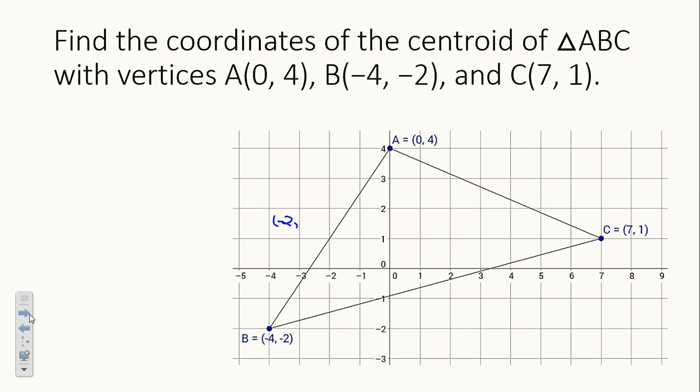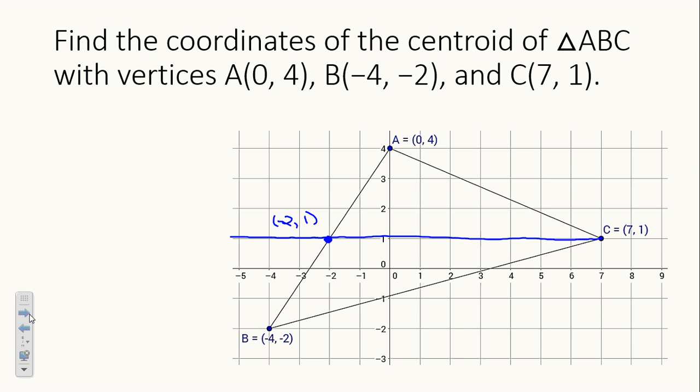Negative 2 and 4 is 2. 2 divided by 2? 1. So negative 2, 1 is the midpoint of segment AB. The median goes from the vertex to the midpoint of the opposite side. So here's my median. We found one. Let's find a second one.